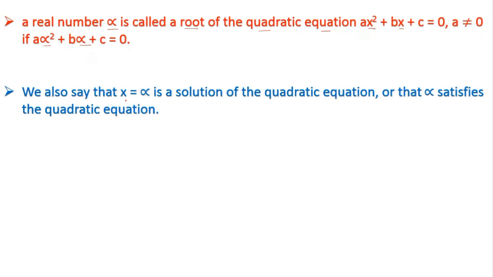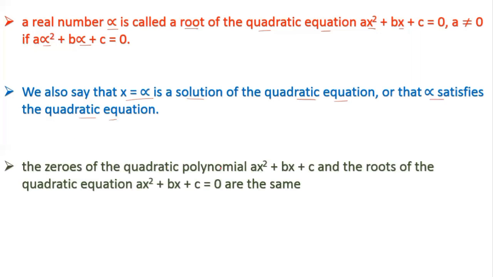We say that x is equal to alpha is a solution of the quadratic equation, or that alpha satisfies the quadratic equation. The zeros of the quadratic polynomial ax square plus bx plus c and the roots of the quadratic equation ax square plus bx plus c is equal to 0 are the same.